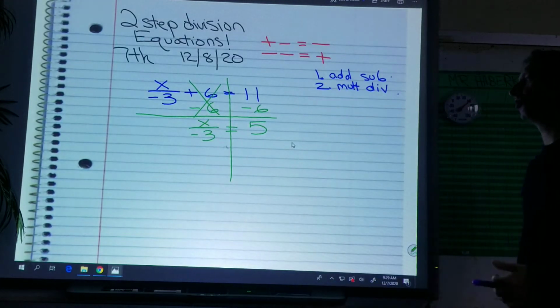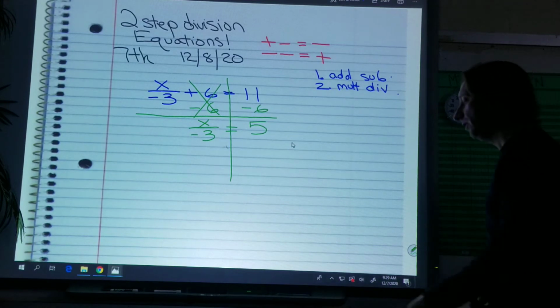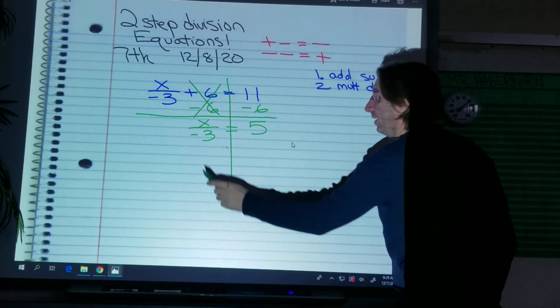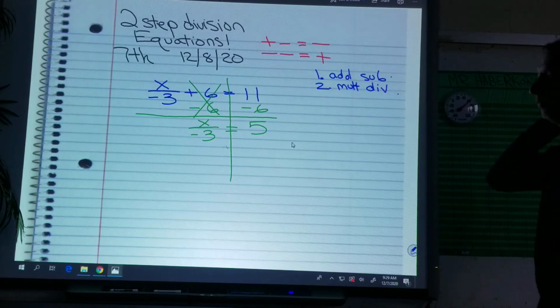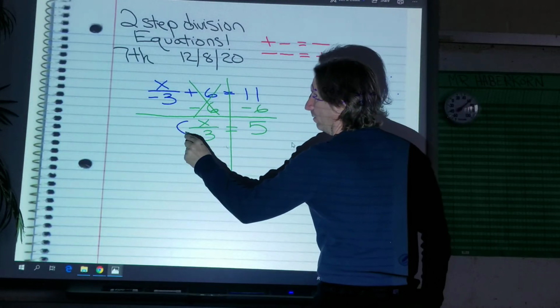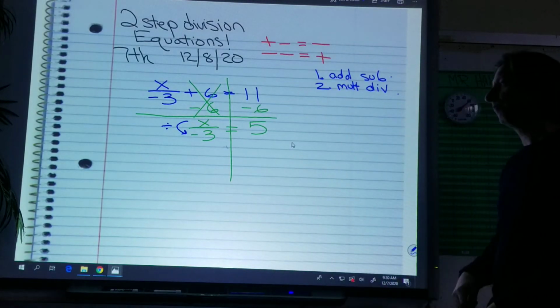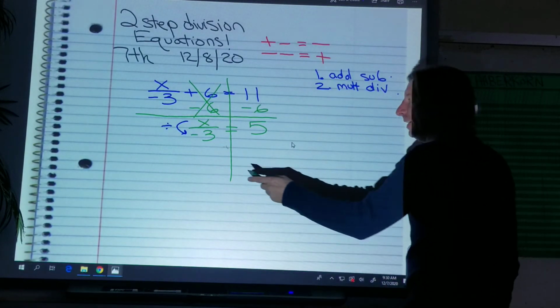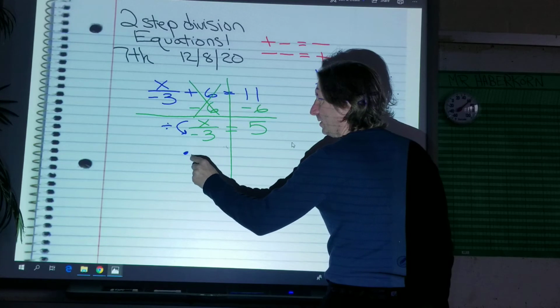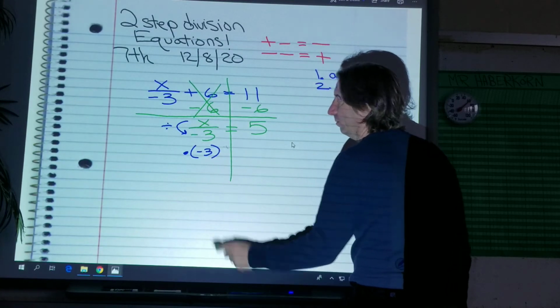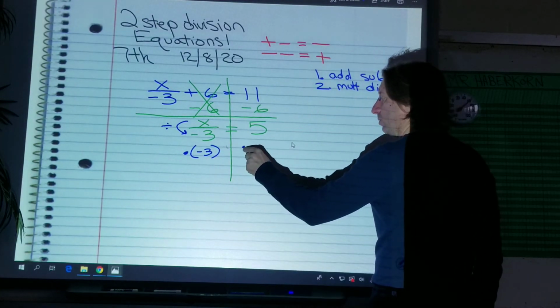All right, so here's the tricky part. Everybody's going to want to add 3 here to get that x by itself. But remember, this is x divided by negative 3, right? So the opposite of divide by negative 3 is times negative 3. If I do it to one side, I do it to the other.